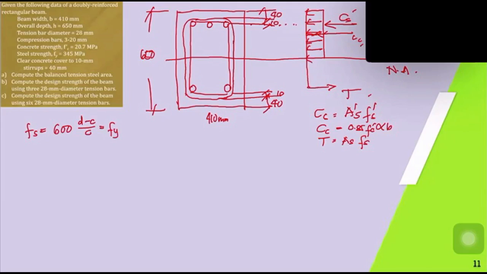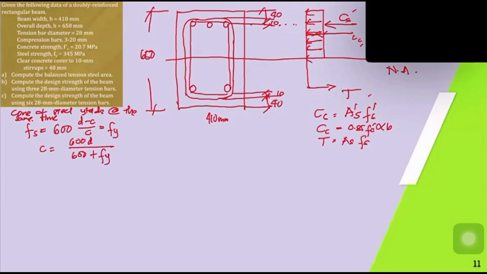At balance, the concrete and steel yield at the same time, so we equate that to Fy. Rearranging, your value of C is 600 D over 600 plus Fy.